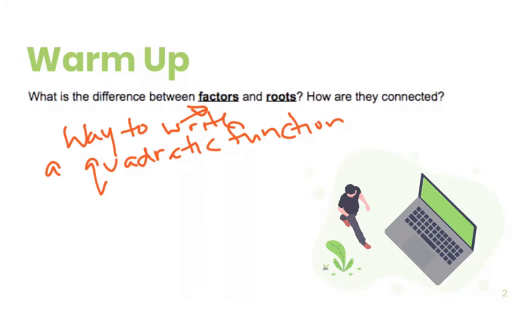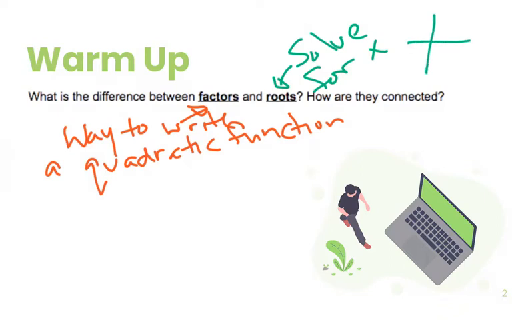Okay, and the roots are actually when you solve for x. Okay, and so that's when you graph it, and let's say your quadratic looks like that. All right, so your x values, where it hits the x-axis, those would be your roots.